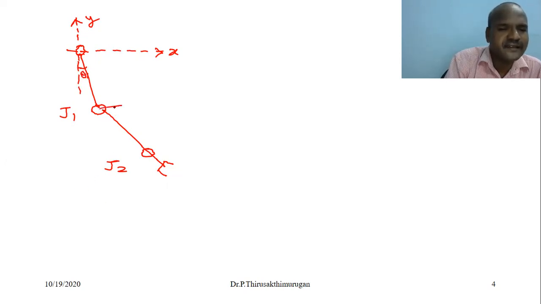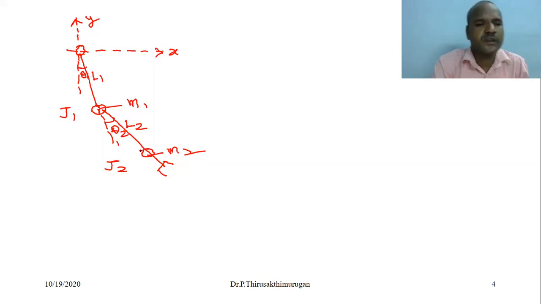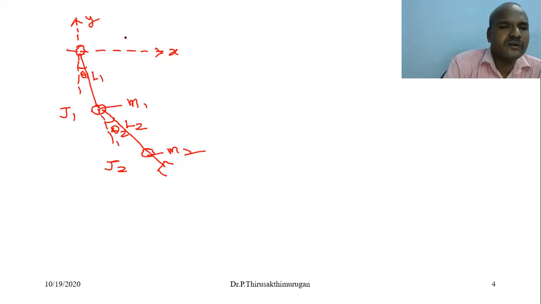The joint has mass M1. This joint has mass M2. So this is link L1. This is link L2. This is theta 2, L1, L2, M1, M2, theta 2. So this is a two-link planar robot.